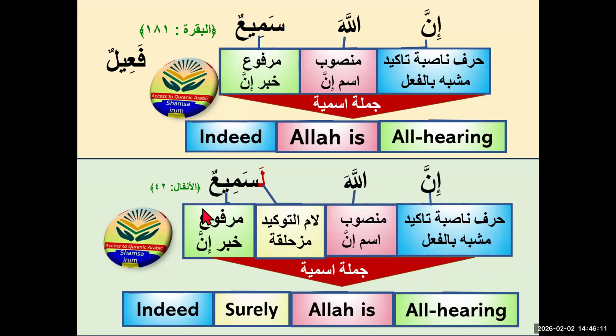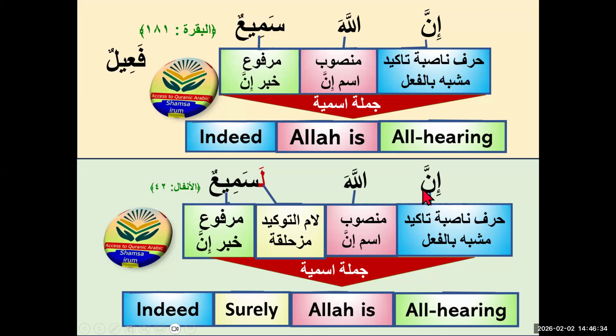In translation we will say, indeed surely Allah is all hearing. If I ask you how many types of emphasis are in this sentence, you have to think about it properly. If anybody says there are two types of emphasis, I will say, no, hold on, you have to do more tadabbur on this part of the ayah.